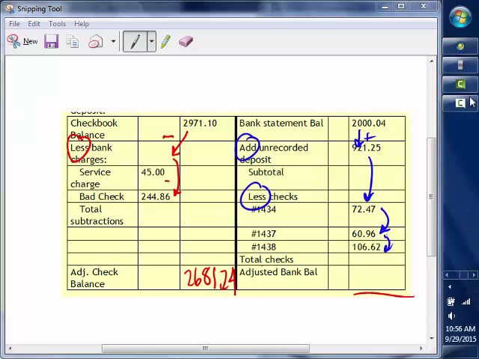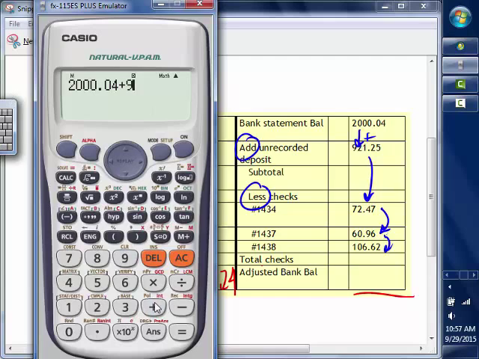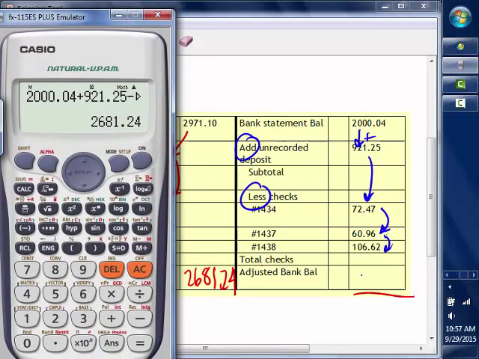So, on our calculator, we're going to take 2000.04 plus 921.25 minus 72.47 minus 60.96 minus 106.62 is 2681.24.